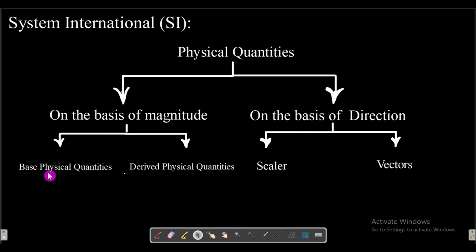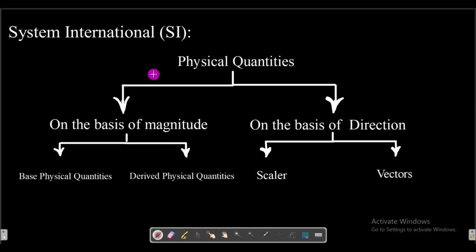The first is the base physical quantities, and the second is derived physical quantities. Similarly, on the basis of direction, the physical quantities are divided into scalar physical quantities and vector physical quantities.